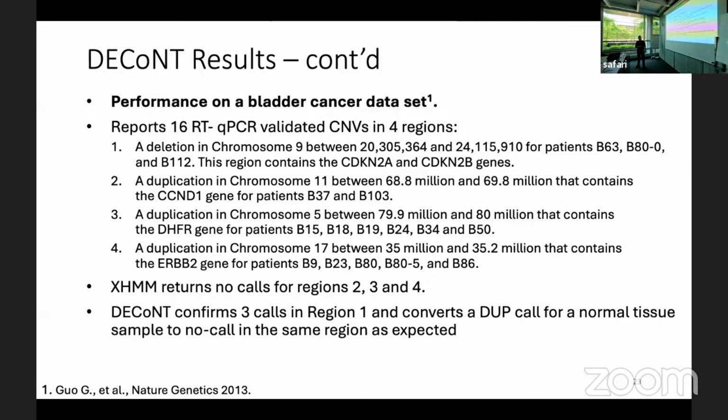So we ran XHMM using exome sequencing data. It doesn't return any calls for regions 2, 3, and 4, so there is nothing for us to do. We cannot correct a call if there is no call. We were able to correct one call. XHMM says on the tumor sample there is a duplication, and on the normal sample of the same person a deletion.